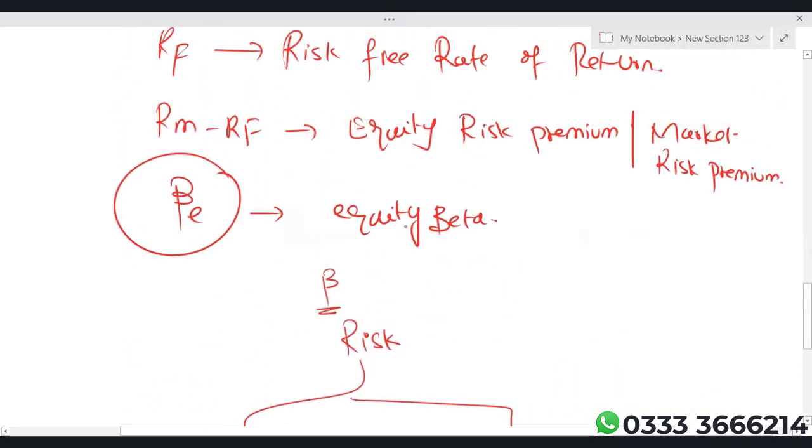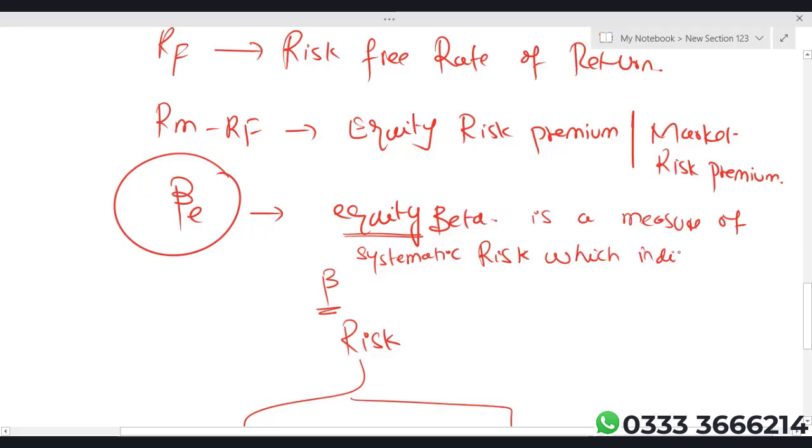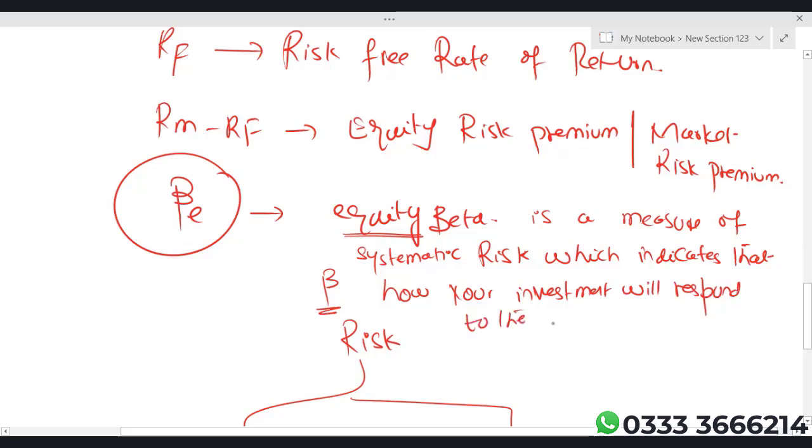Now, when it comes to equity beta, we say equity beta is a measure of systematic risk, which indicates how your investment will respond to changes in a stock index.